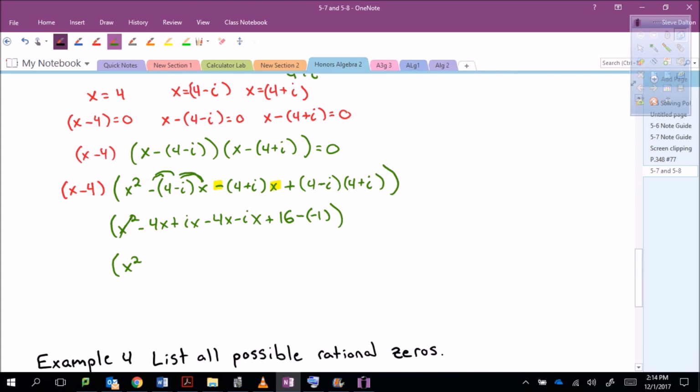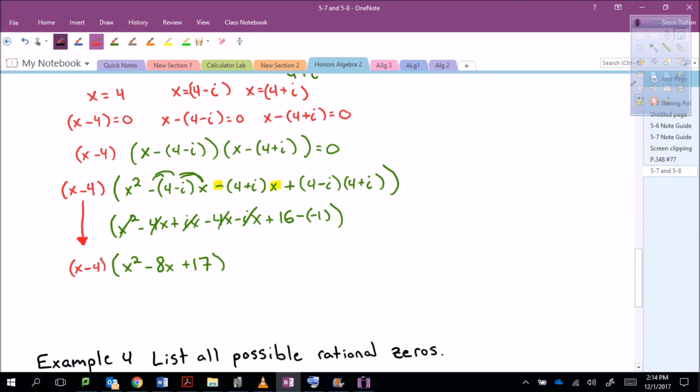We have minus 4x minus 4x, which gives us a negative 8x. Again, notice I'm crossing out terms as I go. My ix terms actually cancel with each other, and I'm left with plus 17. Now, the trick is don't forget to bring down that x minus 4 from earlier.